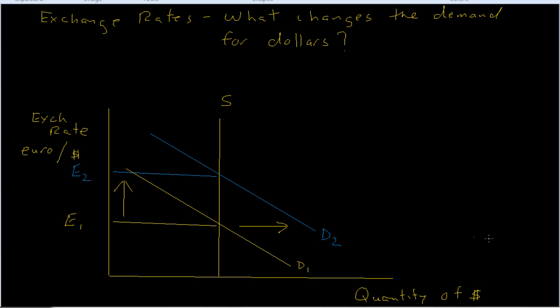And on the y-axis, I have the exchange rate, which is using an indirect quote. It's how many euros does it take to buy one US dollar. What we want to do is understand how or why exchange rates change. Exchange rates can change because of changes in supply or changes in demand. In this tutorial, I'm just going to talk about changes in demand.